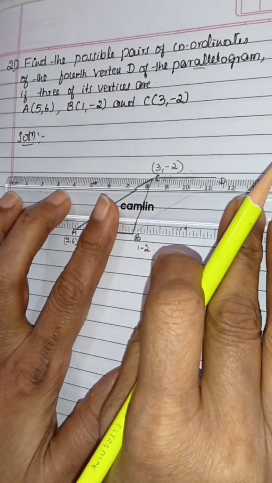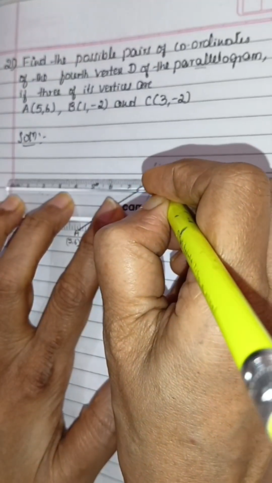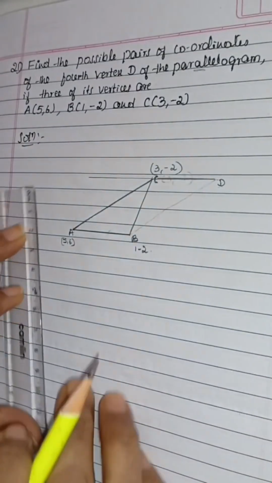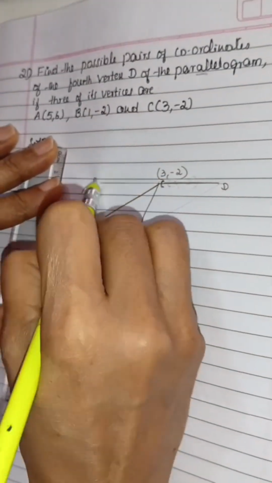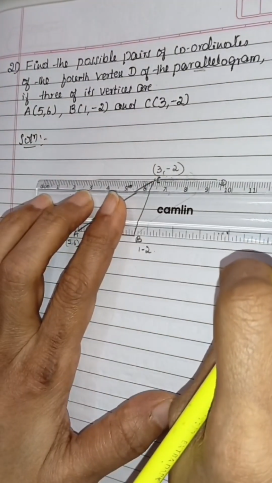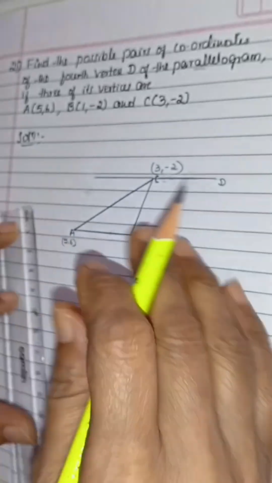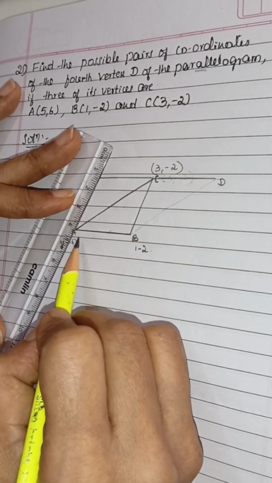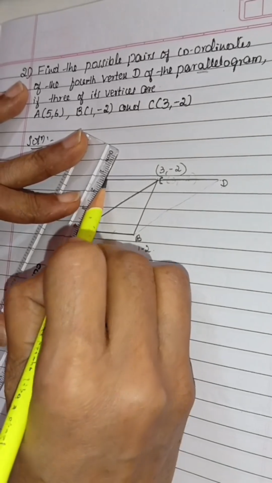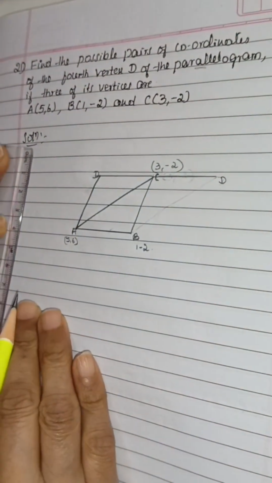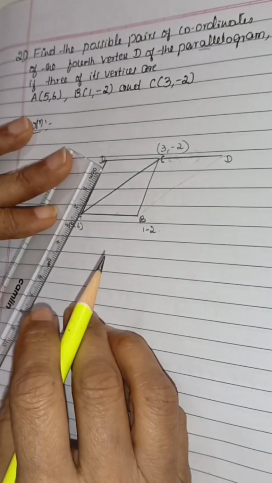Another one is on this side. This is D, another possibility. Similarly, another one is this way.